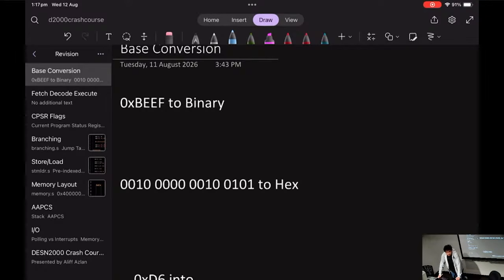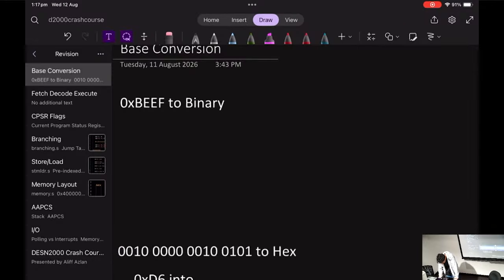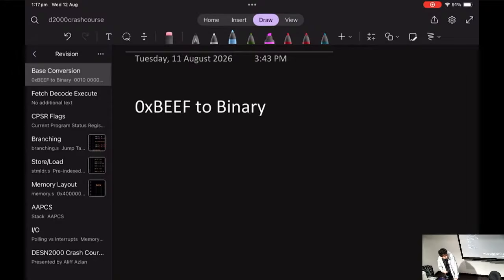Now, with hex, how big is one digit of a hex number? It's in the name, right? It's 16. And how many bits is 16 in binary? It's 4 bits, right? So the trick we can use is that we can split up each digit of hex into 4 binary bits.